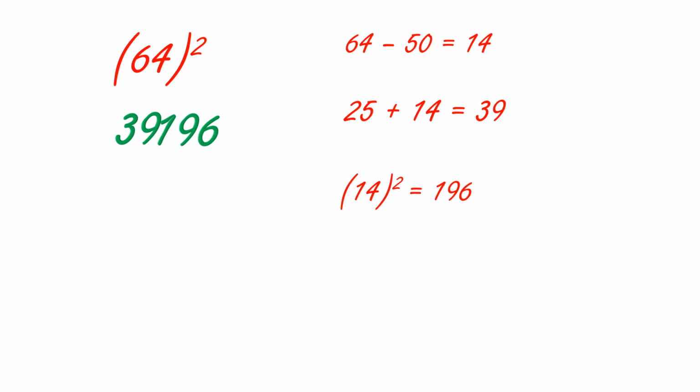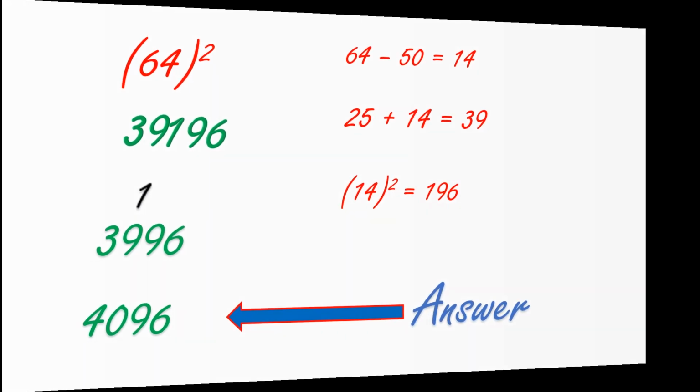So I have 3 digits which I have to convert into 2. For 196, I preserve the last 2 digits, that is 96, and 1 must be carried forward. So 39 plus 1 makes 40 and 96 makes the second part. So 4096 becomes my answer.